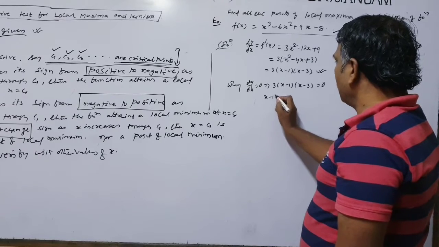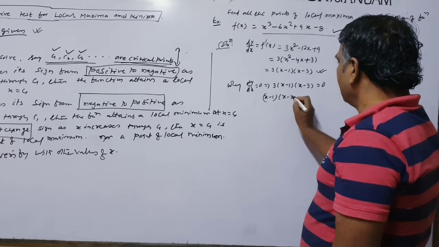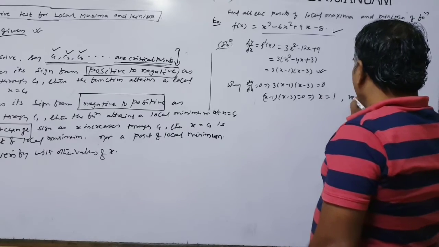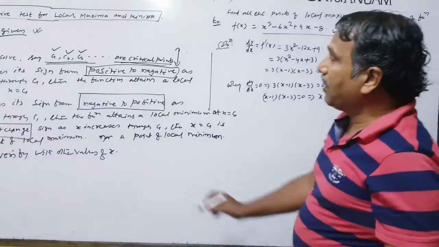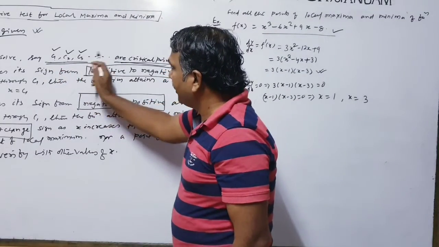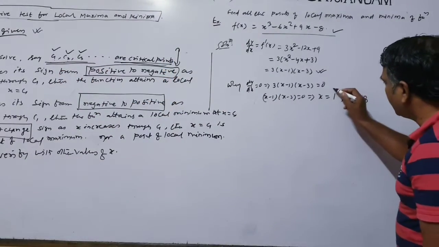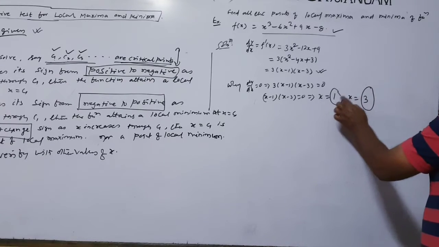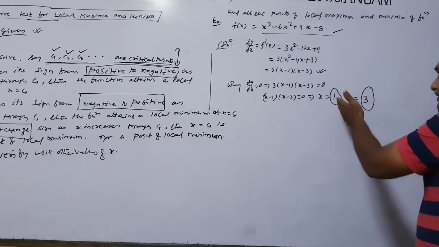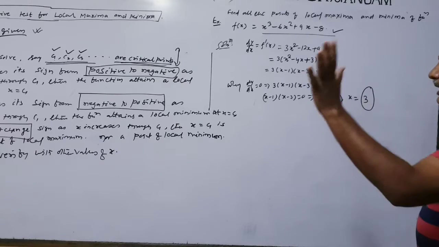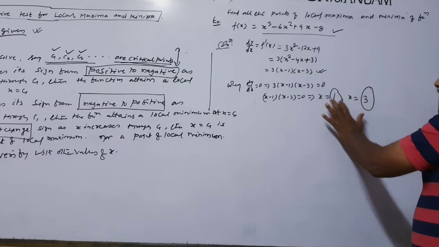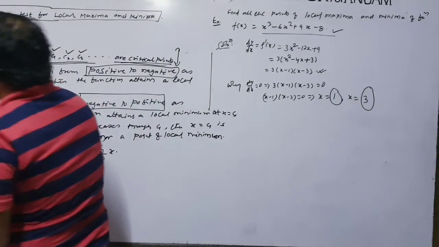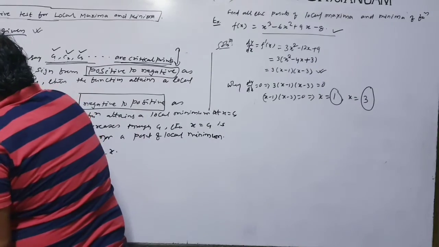So x minus 1, x minus 3 equals 0 implies x equals 1 and x equals 3. Here there are two critical points, C1 and C2, which are 1 and 3. Let us say this is 1, C1, and 3, C2. Up to this much is our work. Now this next point is very important.